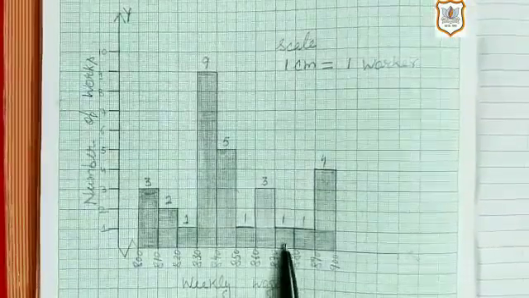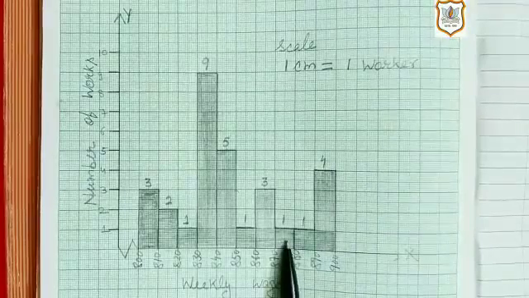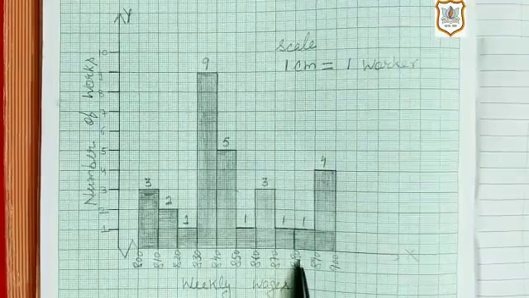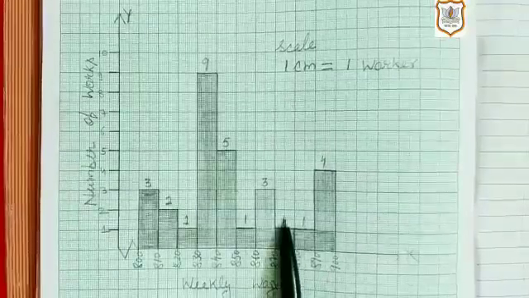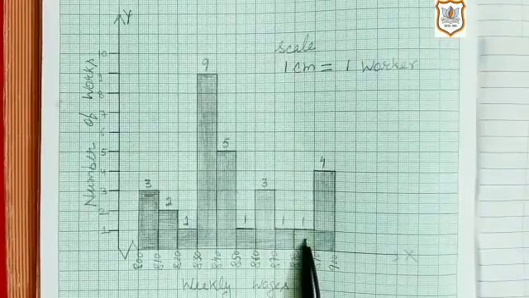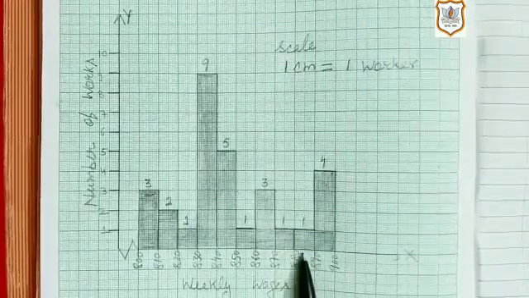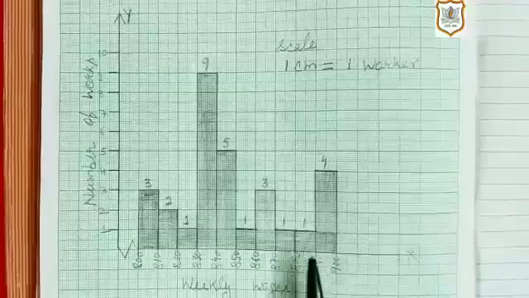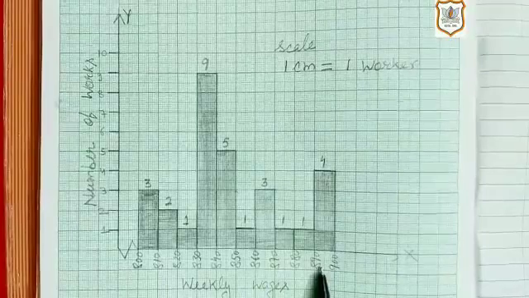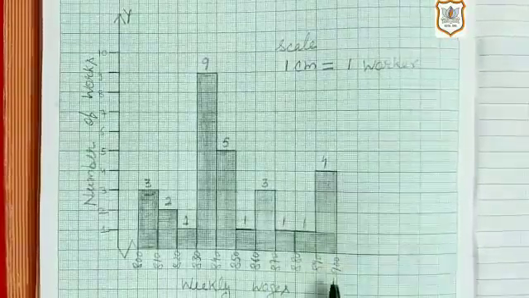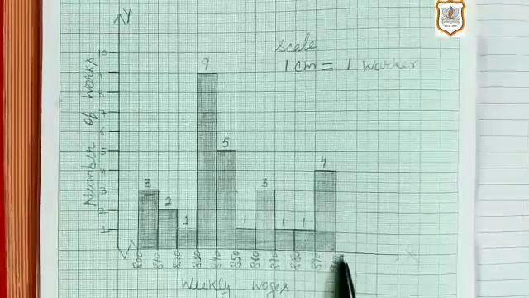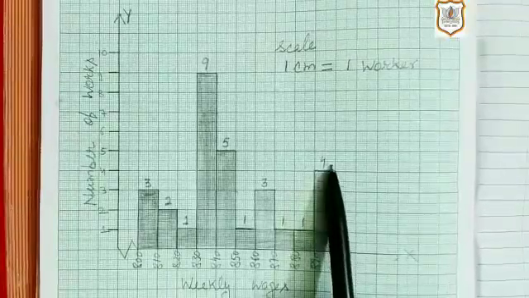For 870 to 880, it is 1. For 880 to 890, it is 1. And for 890 to 900, it is 4.